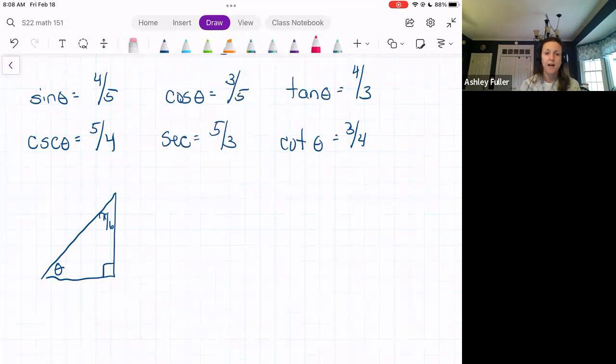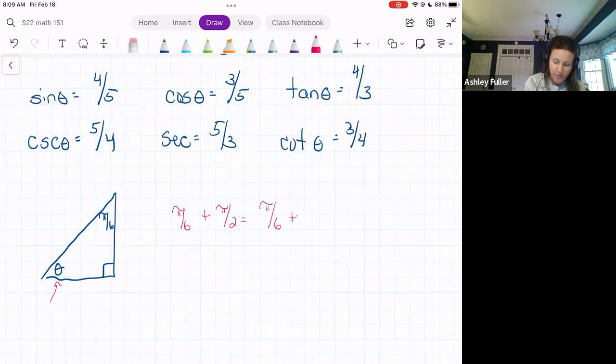Because we know that our angles have to add up to 180 degrees or pi radians, we know then that this angle, since we have pi over 6 plus our right angle pi over 2, finding our common denominator, we have pi over 6 plus 3 pi over 6, leaves us with 4 pi over 6, or 2 pi over 3. That tells us that this angle theta must be pi over 3.